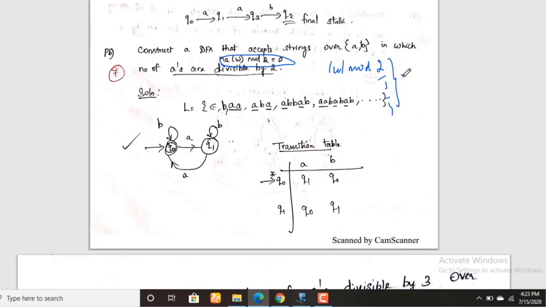So for any problem, if it is equal to 0, you should add epsilon here. Okay, so why? The length of epsilon modulo division of 2 is equal to what? The length of epsilon is 0. So 0 modulo division of 2 equals 0 only. Okay, so you should add epsilon here. So epsilon is in the language.